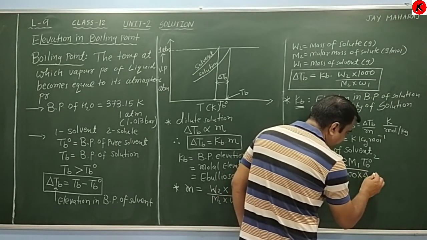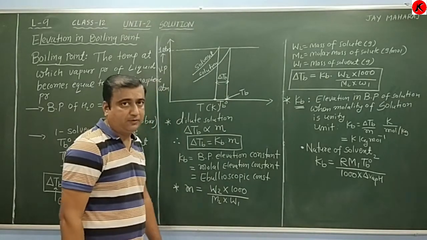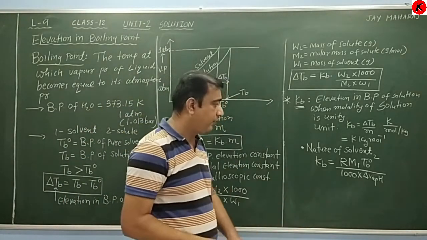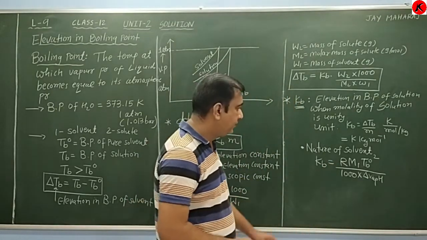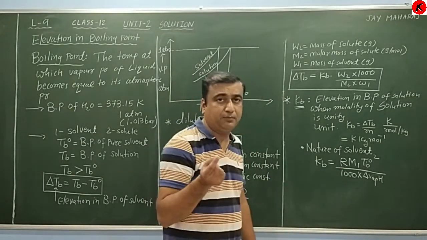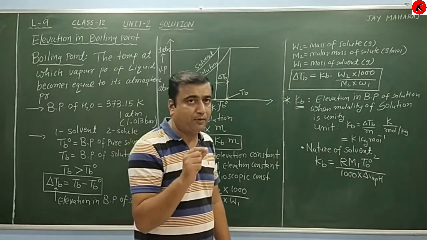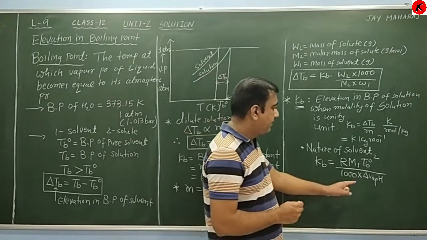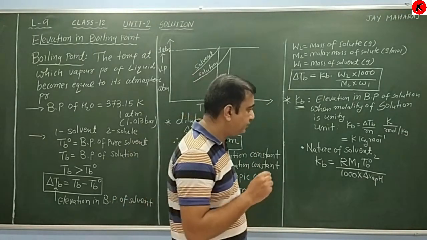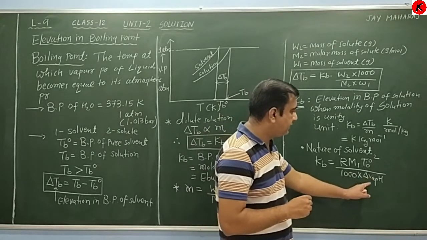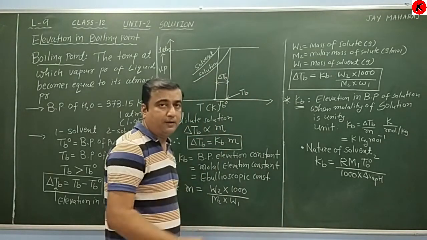By this formula we can calculate the value of Kb for a particular solvent, where R is the universal gas constant in proper unit, M1 is the molar mass of solvent in gram per mole, Tb0 is the boiling point of solvent in Kelvin, and delta H vaporization is the enthalpy of vaporization of solvent in joule per mole, and at that time the value of R will be taken in joule per mole Kelvin.